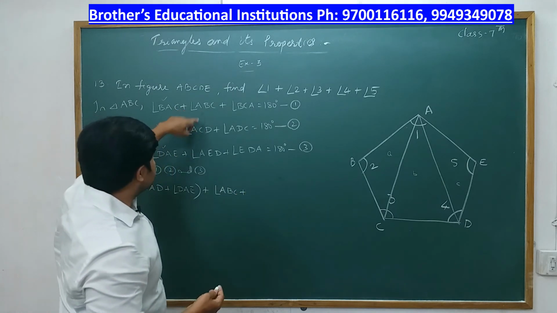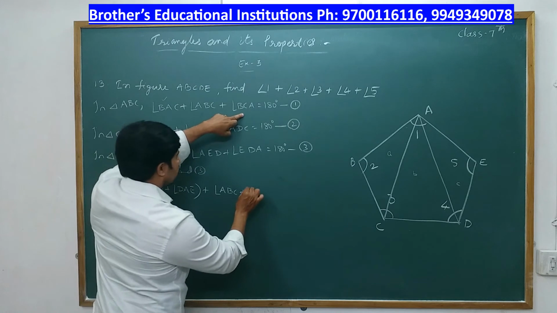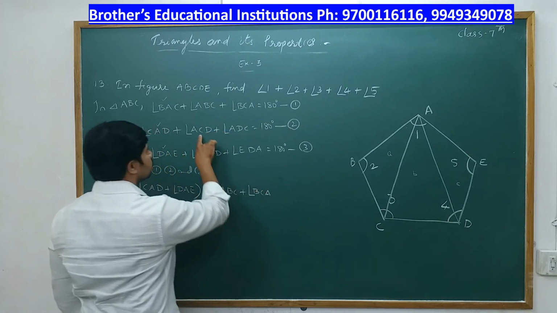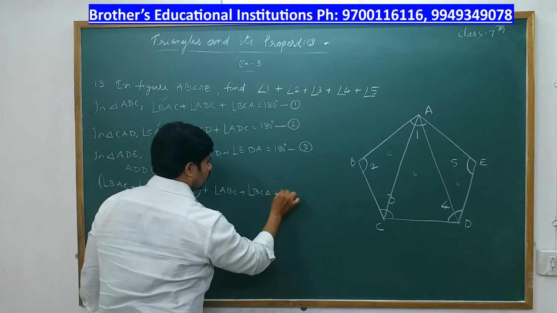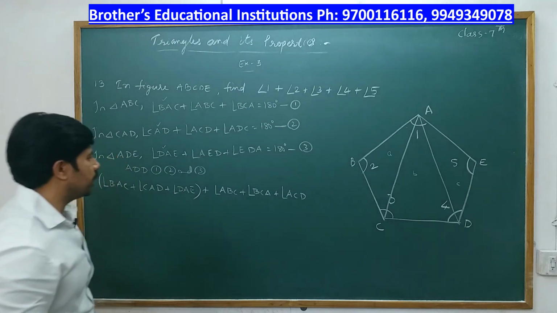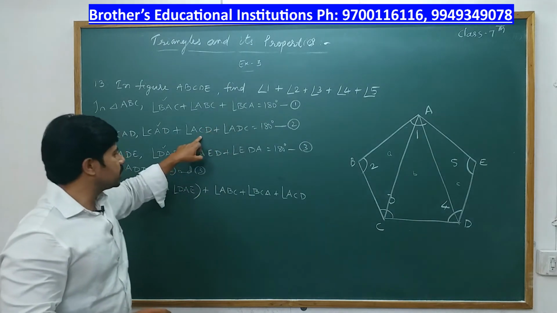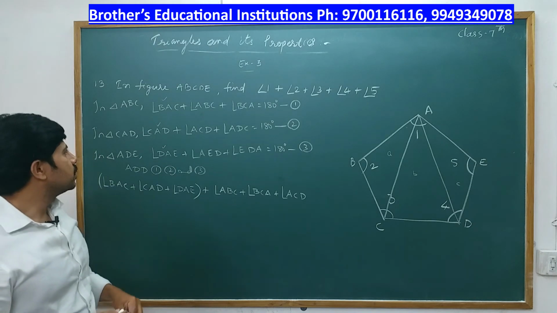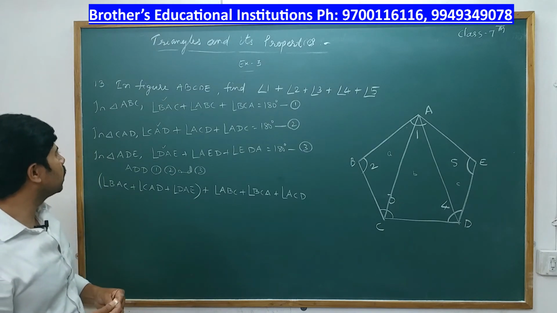Plus, now it is C. So when it comes to C, angle BCA and, in the other C term, angle ACD, right? C is also completed now. Angle BCA plus angle ACD. So C is over. Then we have D. What are the terms with D?